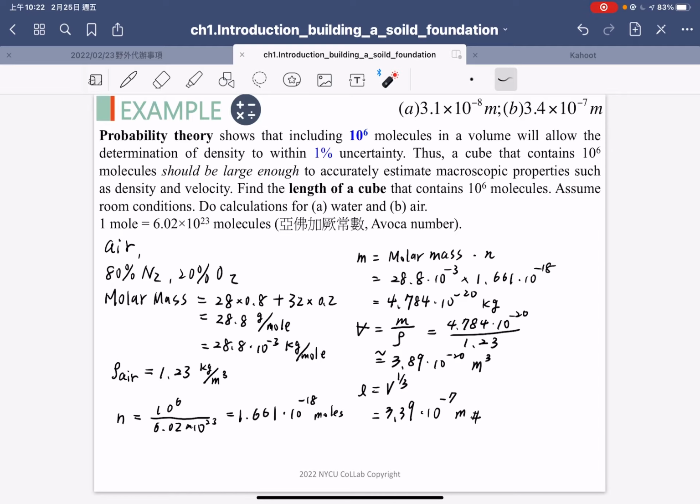If we would like to have the density of the water or air, how large a volume do we need to capture, and then we can have the true answer for the density.